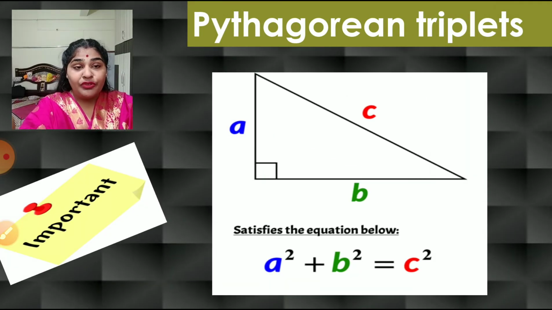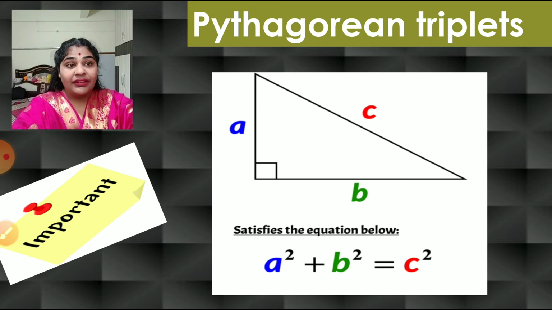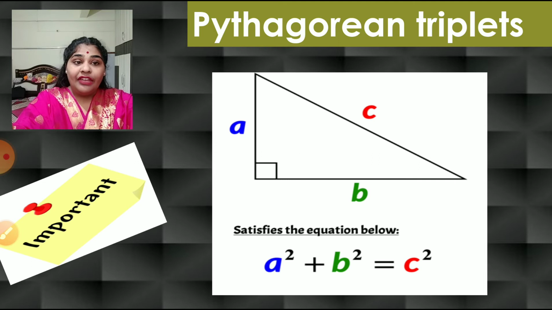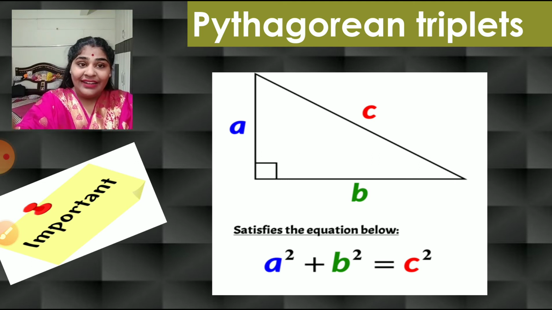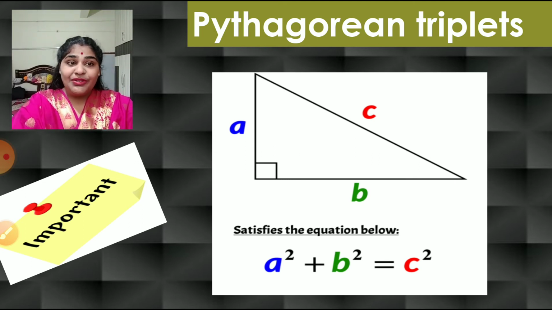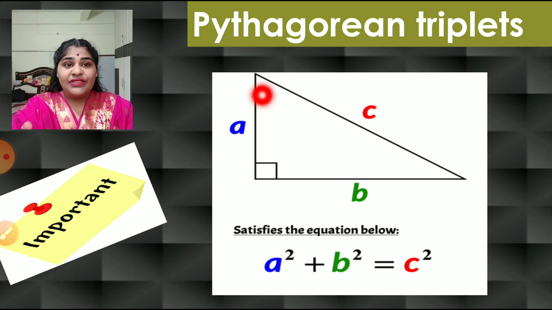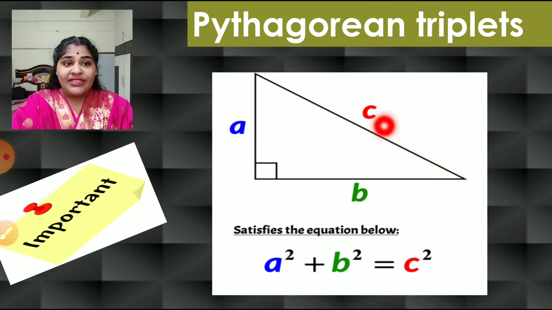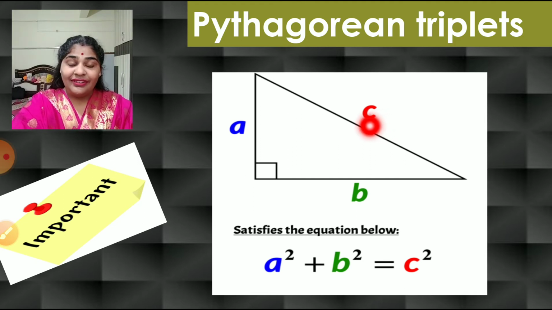Now let us move to our next topic, that is Pythagorean triplets. This is a very important topic, children. Everybody knows the Pythagoras theorem, right? If you see a right angle triangle with sides A, B and C, the hypotenuse side is C, which is known as the longest side of a right angle triangle.